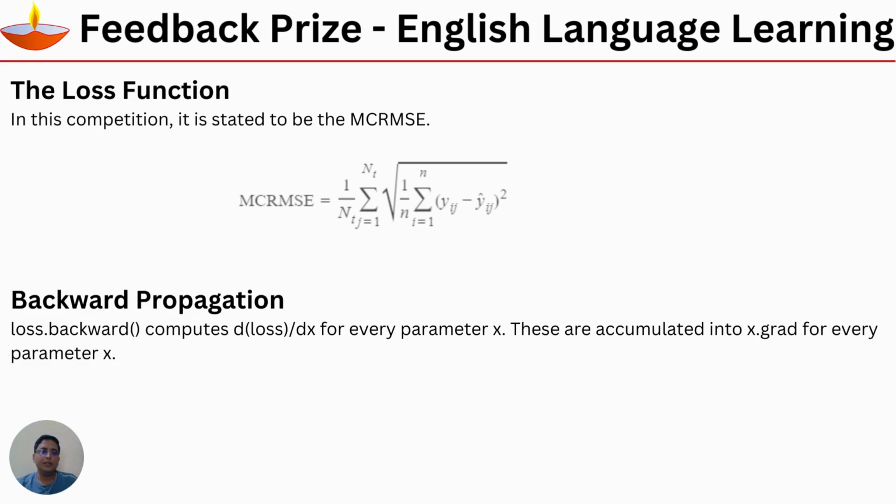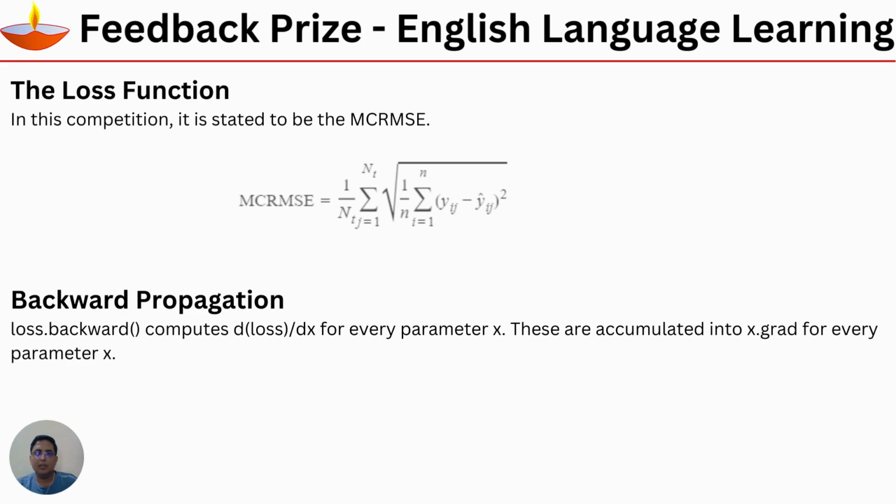Okay, the first thing is actually the loss function. In this competition, it is stated to be MCRMSE, which is mean column root mean squared error. So what is that? If you see the mathematical expression, it looks like this. Let's try to understand it better.